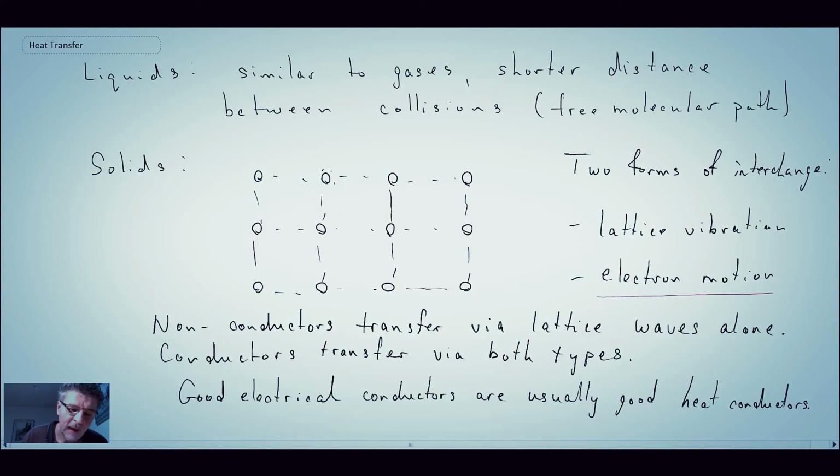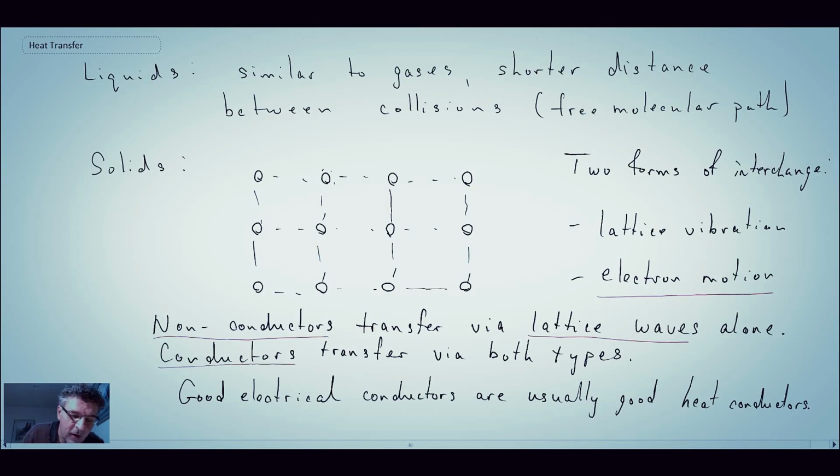Okay, so what we have here is that a non-conductor, which would be an insulator, transfers energy via lattice waves alone. Good conductors transfer energy through both lattice vibration and electron motion.